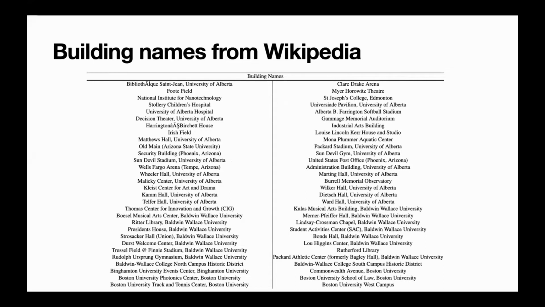First of all, I collected about 1,600 building names from Wikipedia. Most of them are in campuses, because we do not want landmarks, since a landmark is too significant and too discriminative.